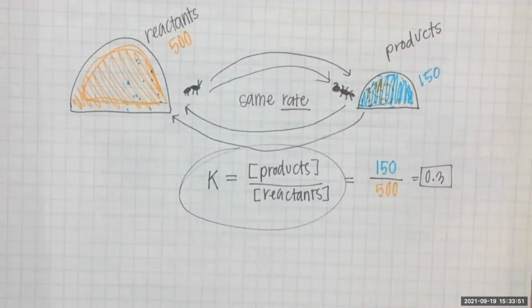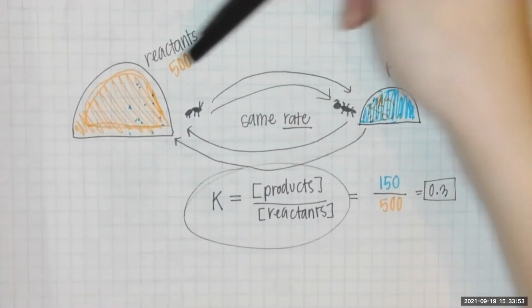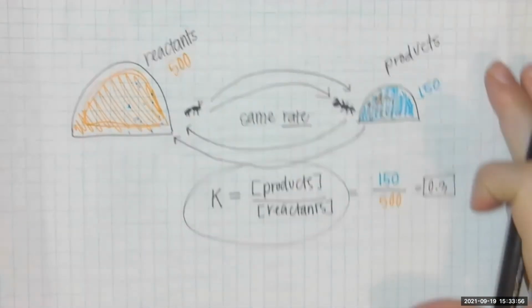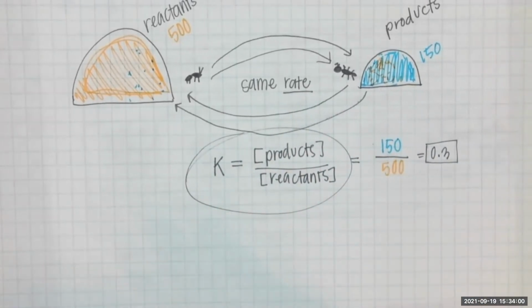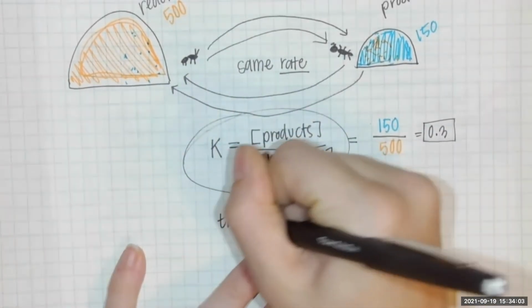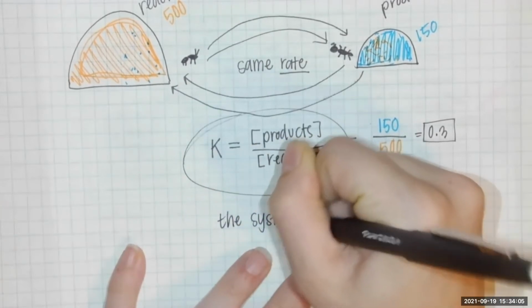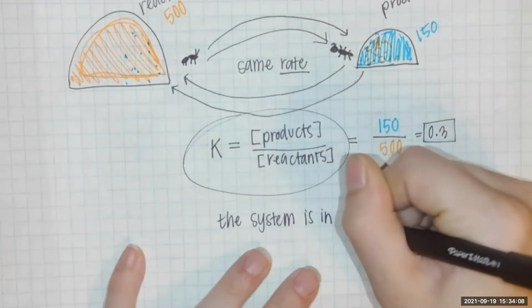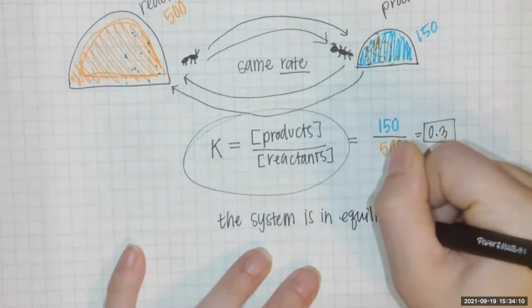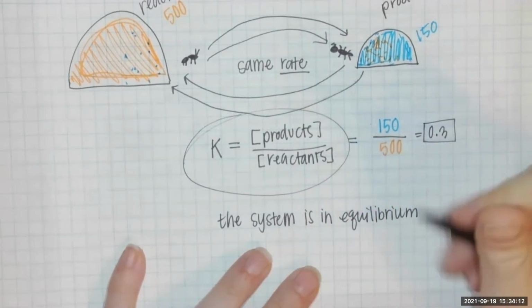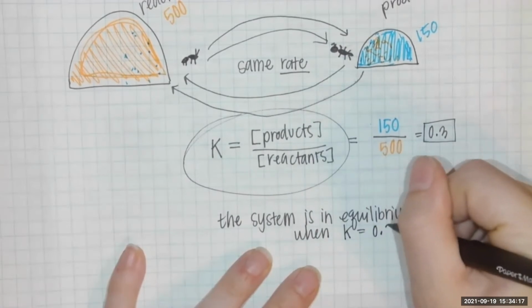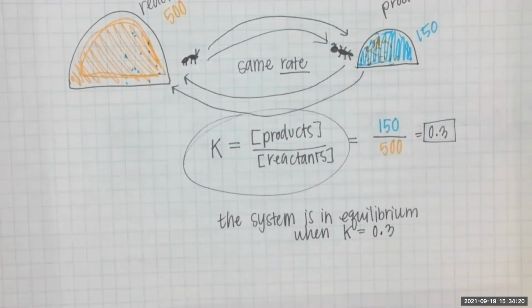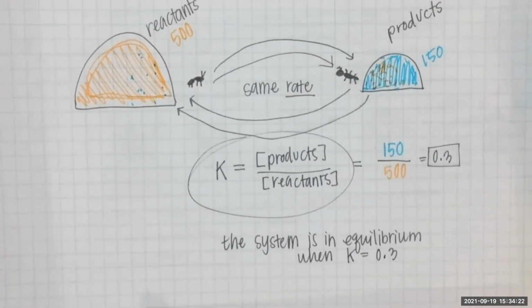For our picture, we know that the system is in equilibrium when K equals 0.3. But Ms. Oliver, how is that system in equilibrium? Because the piles aren't even equal sizes.